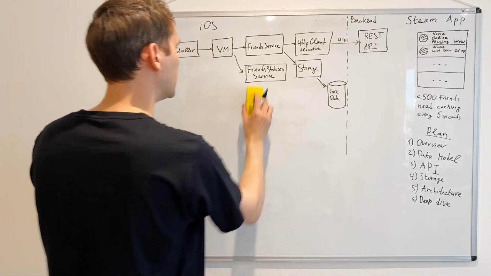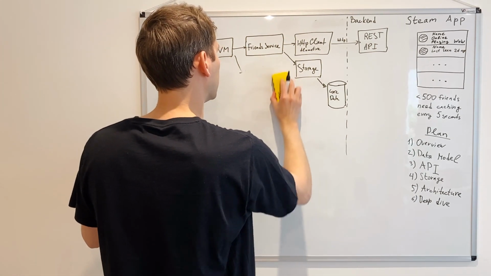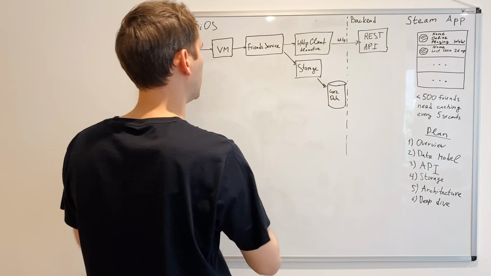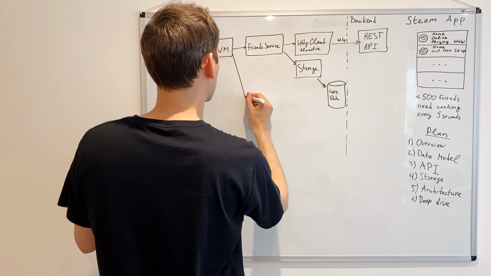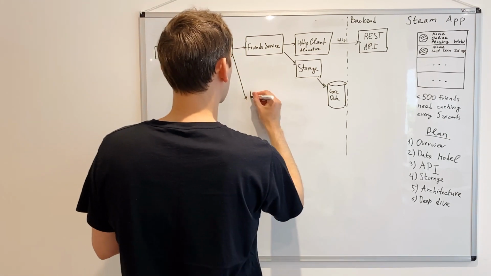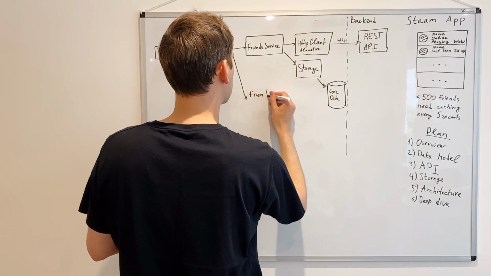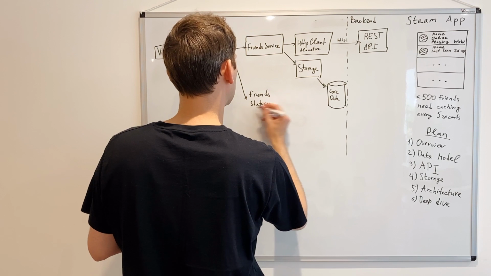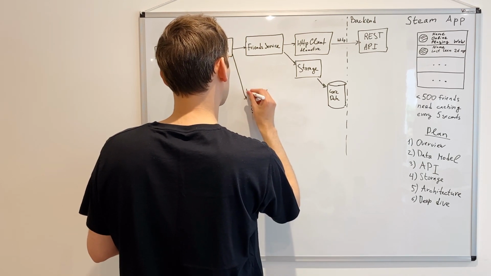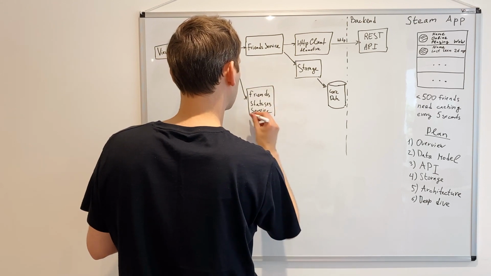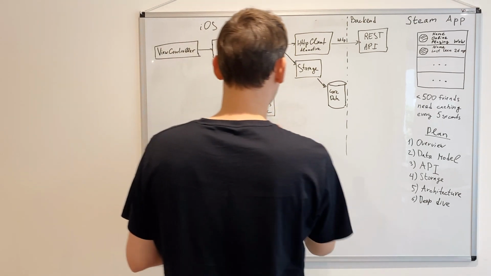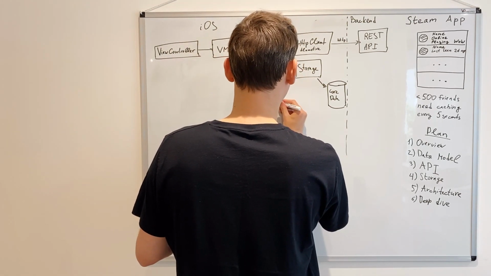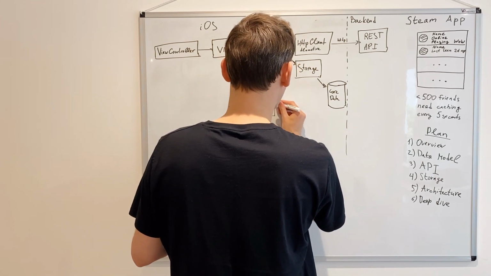I think we need a little more space, so the service would be in another place. Friends statuses service. And we need to connect this service to a WebSocket.